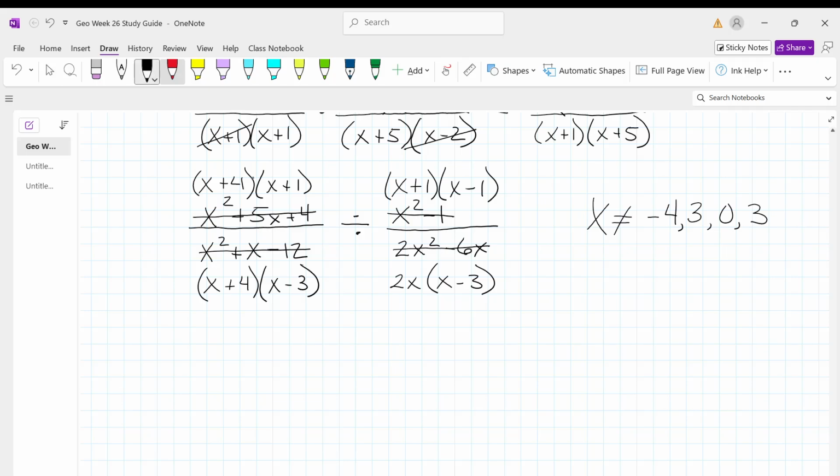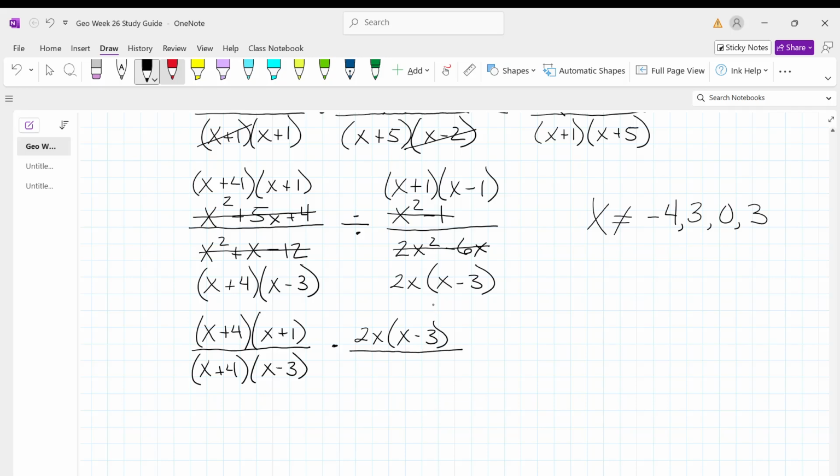So then we would clean this up. We get the x plus 4 times x plus 1 over the x plus 4 times x minus 3. And now we're going to multiply by 2x times x minus 3 over x plus 1 times x minus 1.